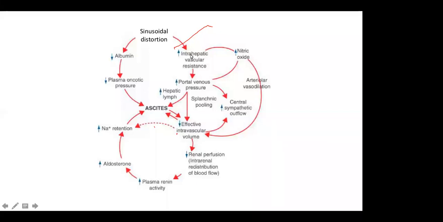In the other way, in the case of increased intrahepatic vascular resistance, there is activation of nitric oxide, which again results in reduced effective intravascular volume, and the circle completes back again to more ascites.